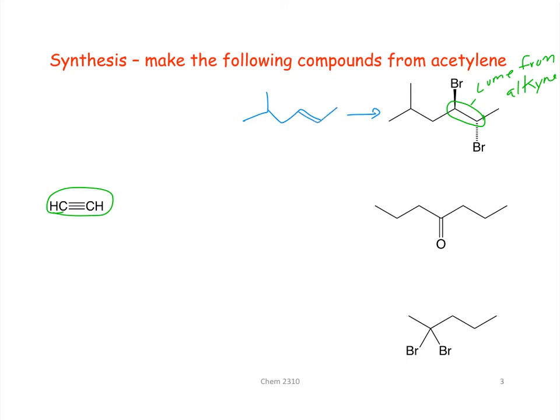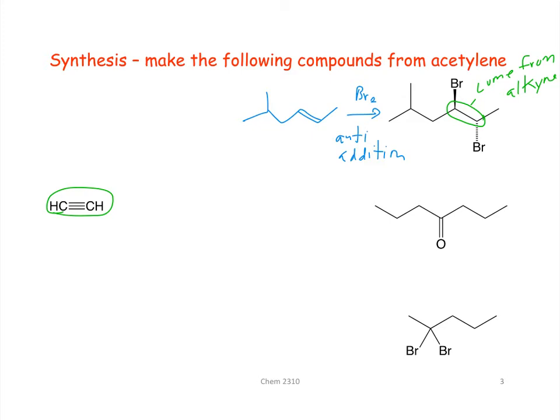From this alkene, we can just use Br2. And remember, when we add bromine to the alkene, this is an anti-addition. And so it gives us the two bromines on opposite sides.